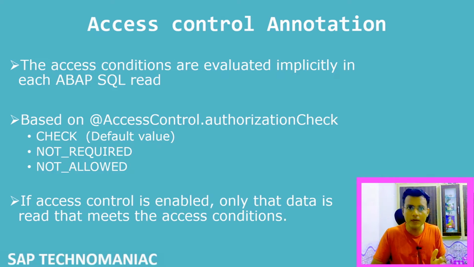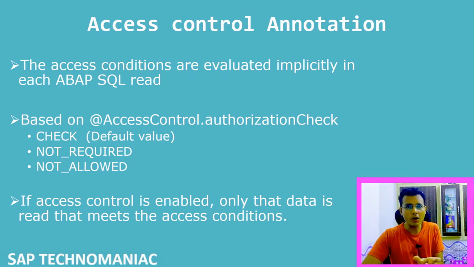To avoid that warning, you can set the value to not required, and then you will not get that warning. But as soon as you create the DCL in future, whenever somebody accesses this CDS view entity, the DCL code, whichever role you have defined, will be evaluated, even though you have given the value not required.